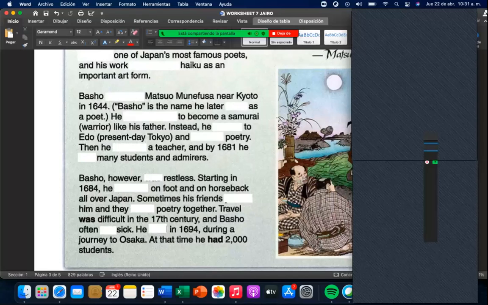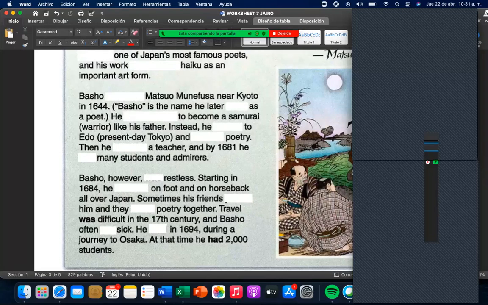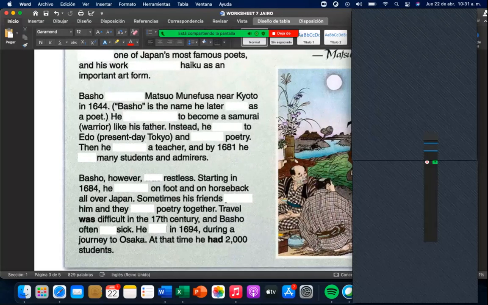Sí, señor. Listo. Sí, es que acá tal vez hay una pequeña confusión. Miran que varios compañeros tampoco pusieron nada ahí porque queda como un poquito confuso, pero el verbo que tal vez va acá, aunque ya lo vamos a confirmar, Nidia, es que él nació. He was born. Basho was born.